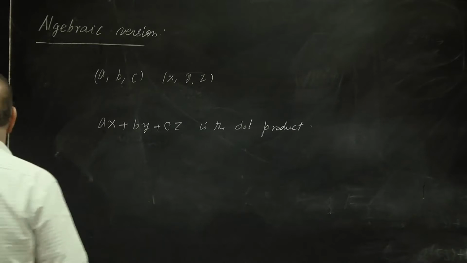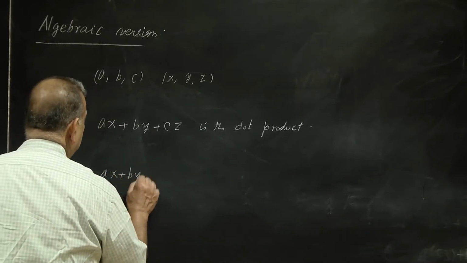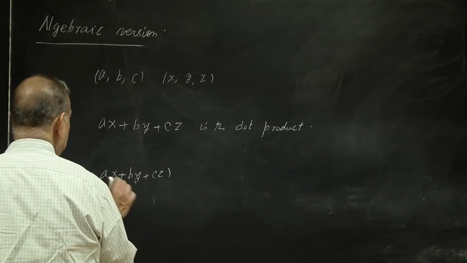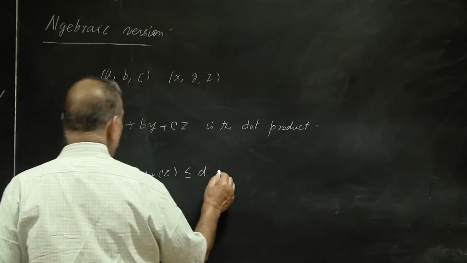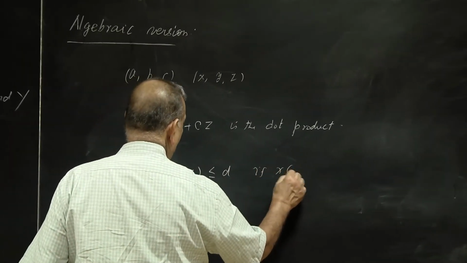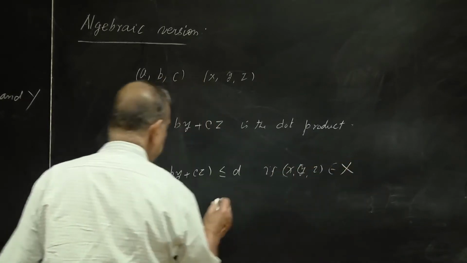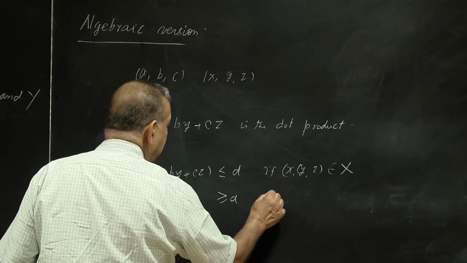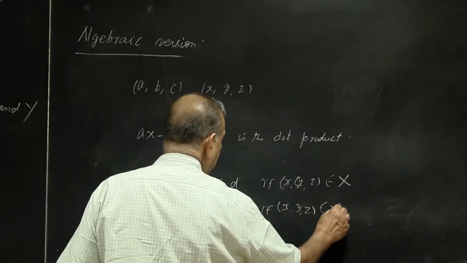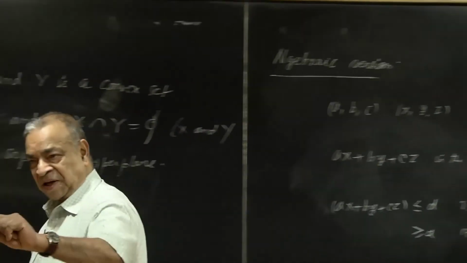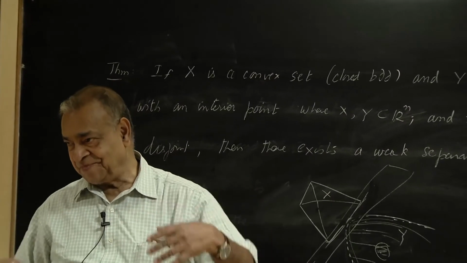And then this big theorem says ax plus by plus cz is less than or equal to d if (x, y, z) belongs to X. It is greater than or equal to d if (x, y, z) belongs to Y. So if there is something common, you cannot have it because they are disjoint.